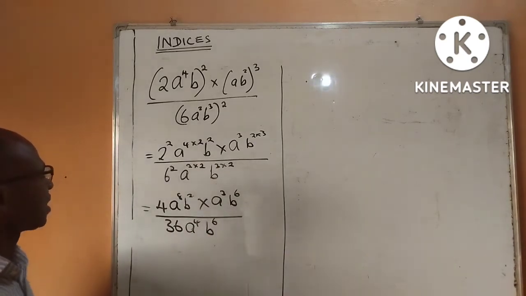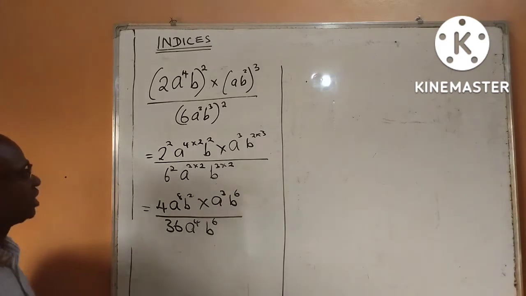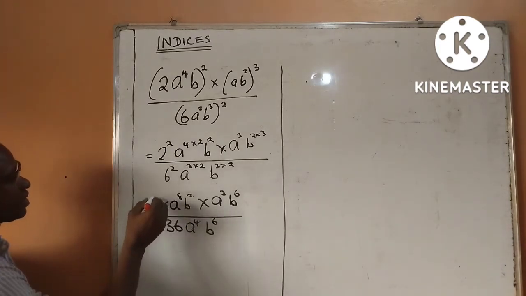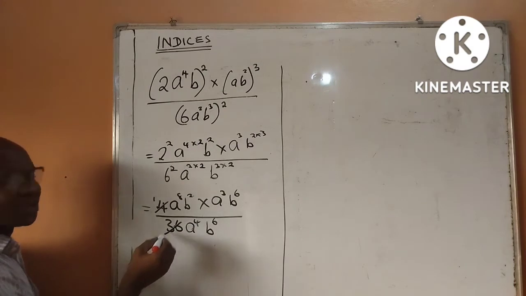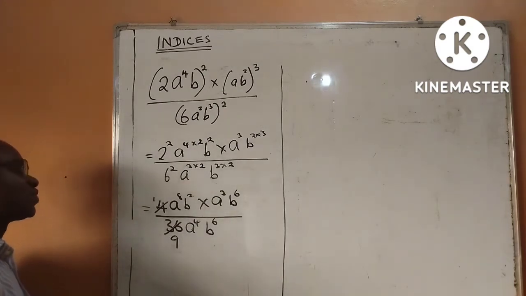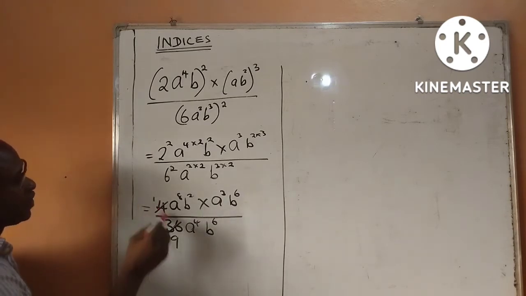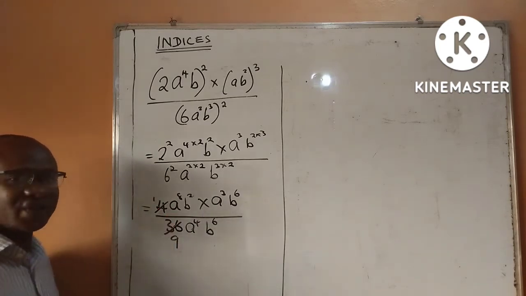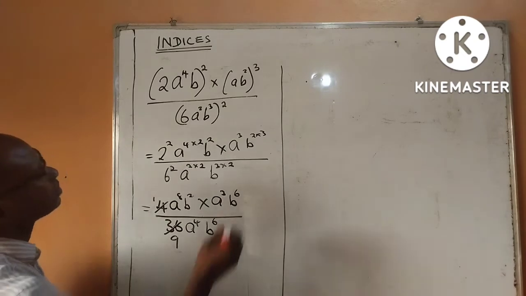So, done. Next, I want you to see that the 4 here at the numerator, we cancel out with the 6 at the denominator to give me 9. So 4 cancel 4 is 1, and 4 cancel out to 36 will give us 9. So we move on.